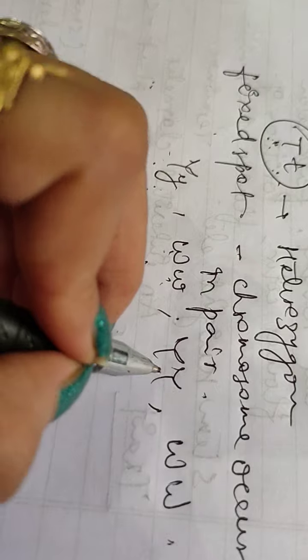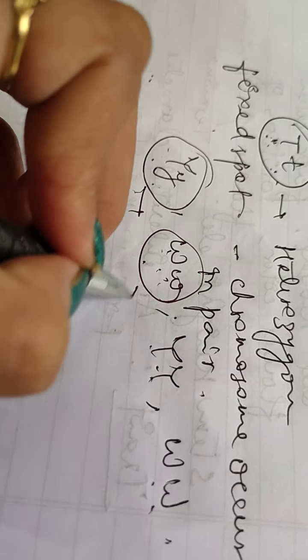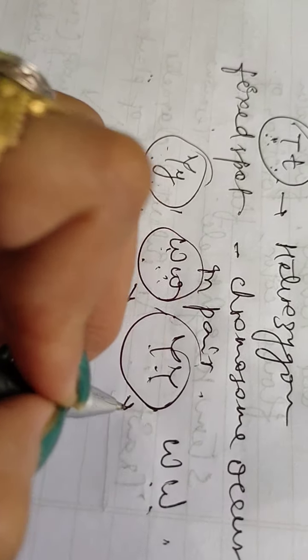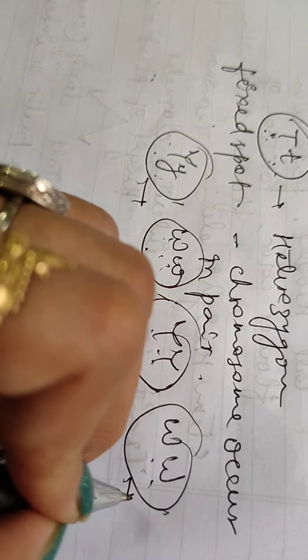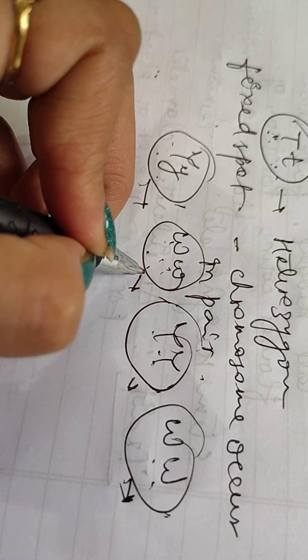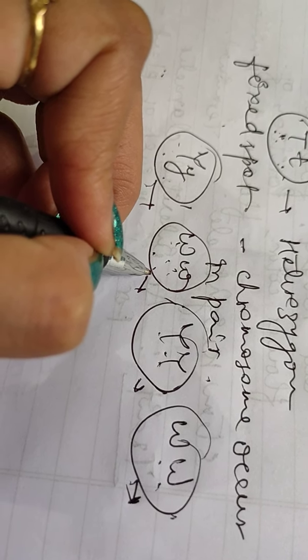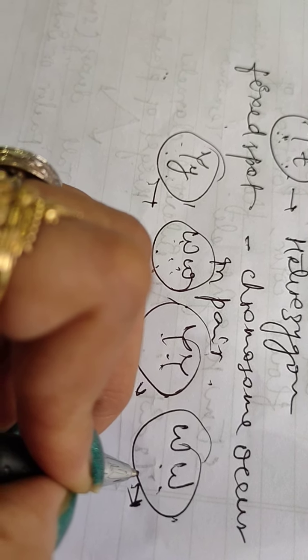So you can see here two alleles for each gene. This is for yellow color, this is for green color, this is for yellow color, and this was for wrinkled shape, and this was for round shape.